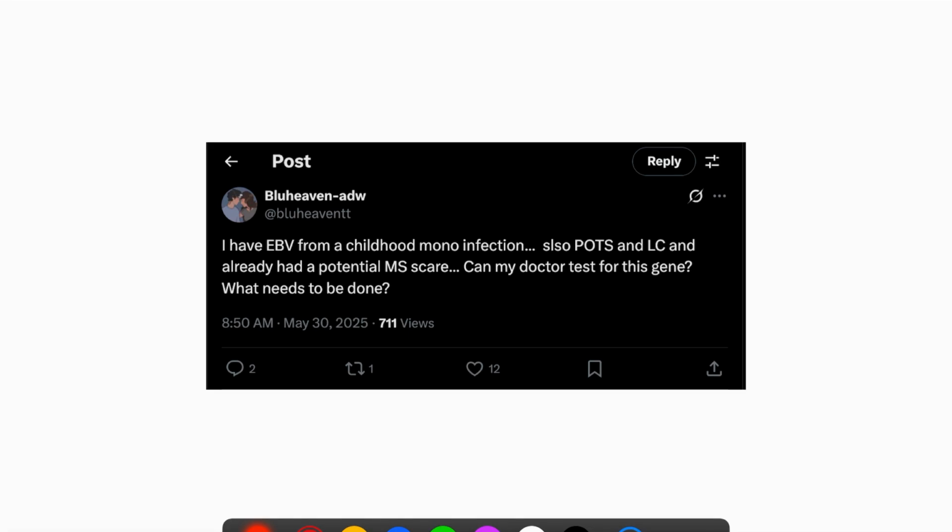There are markers they can look for to determine whether or not you have chronic reactivation issues. And there's other drugs out there that are not necessarily licensed to treat EBV. There's actually no drug that's licensed to block any stage of the EBV life cycle, including a vaccine.